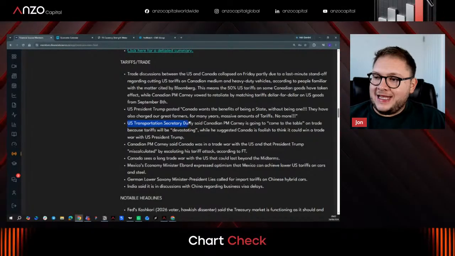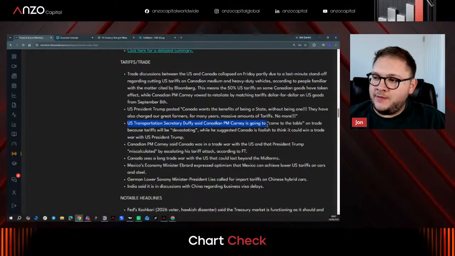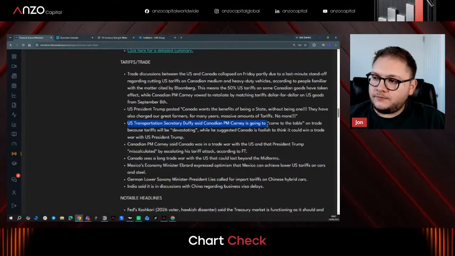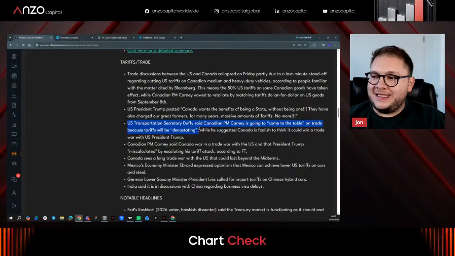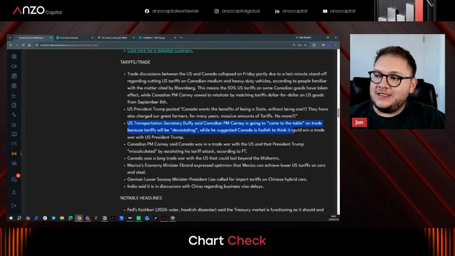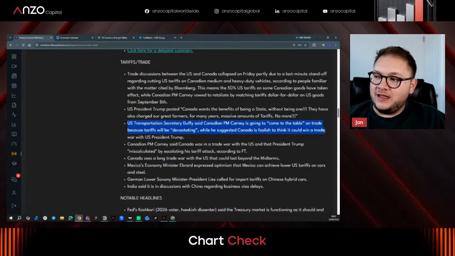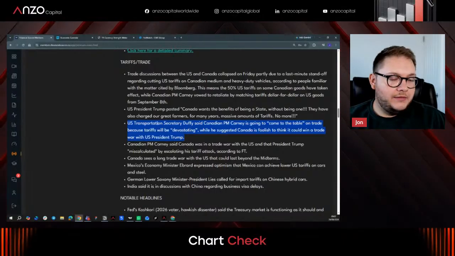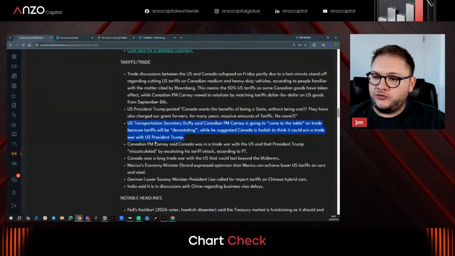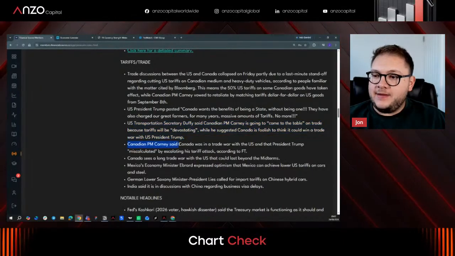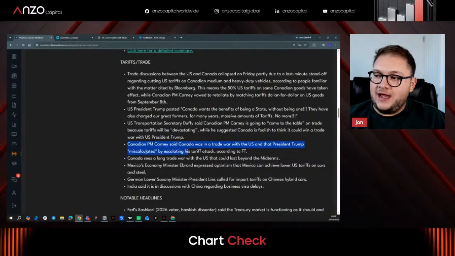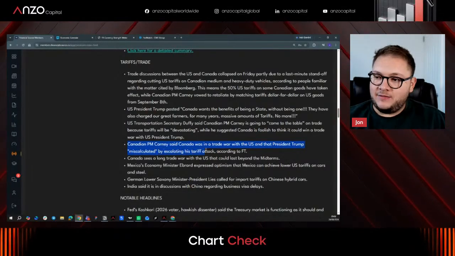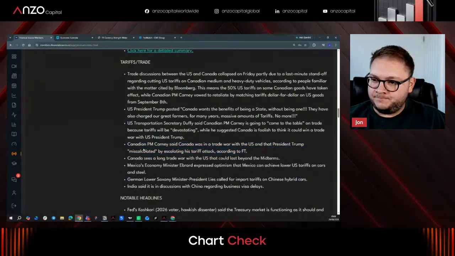US Transportation Secretary Duffy said Canadian PM Carney is going to come to the table on trade because tariffs will be devastating, while he suggested Canada is foolish to think it could win a trade war with the US President Donald Trump. Canadian PM Carney has commented, saying that Canada is in a trade war with the US and that President Trump miscalculated by escalating his tariff attack.